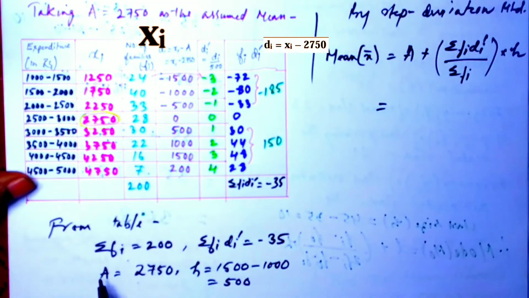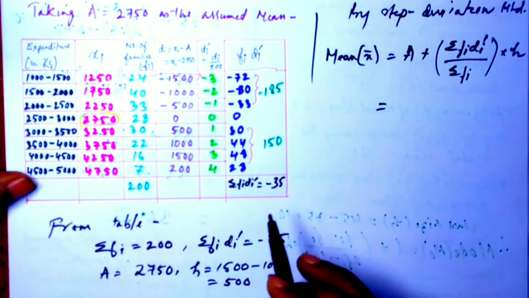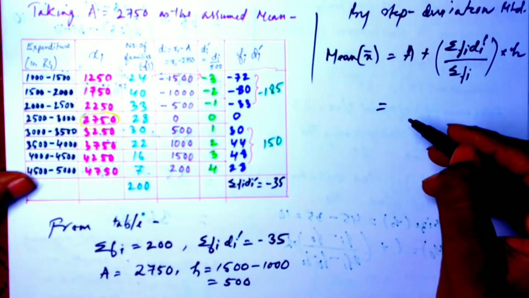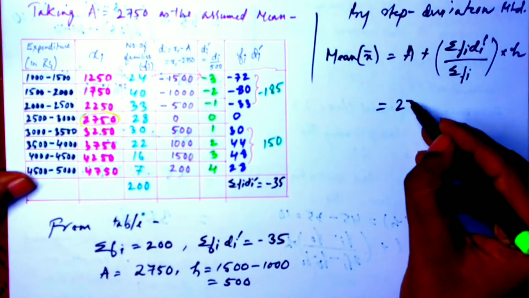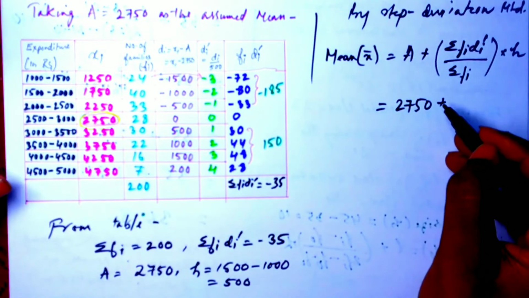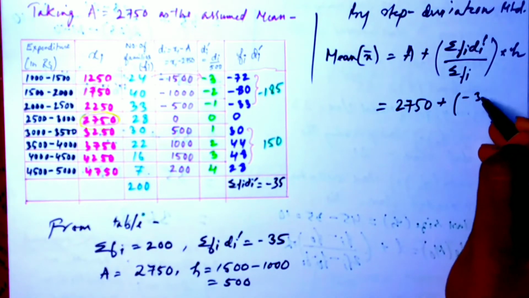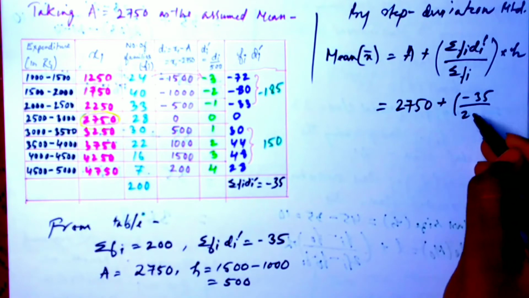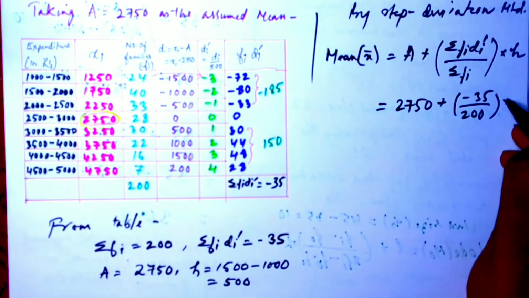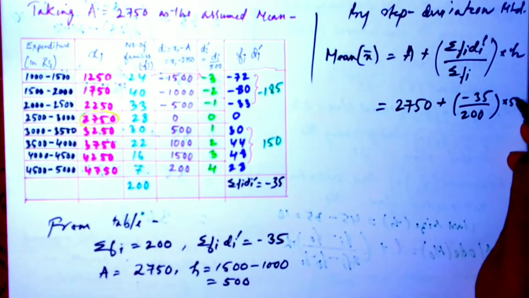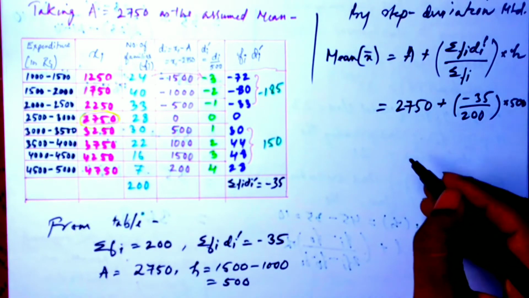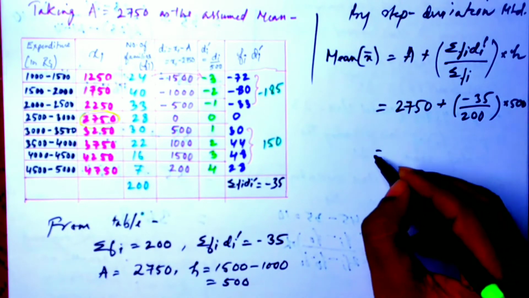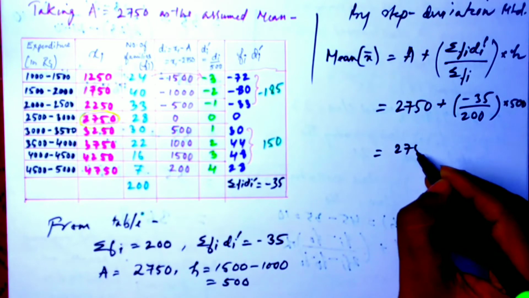So from the table we have written these things, and by step deviation method we have a is equal to 2750 plus within bracket minus 35 divided by 200 into 500. So this will be equal to 2750.